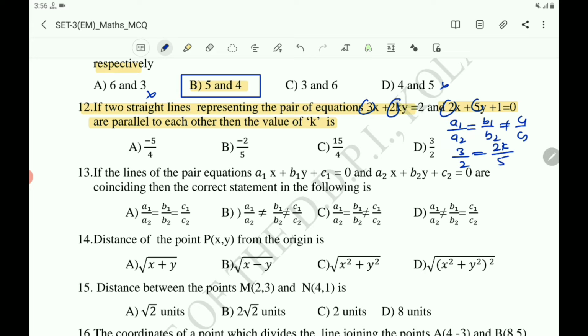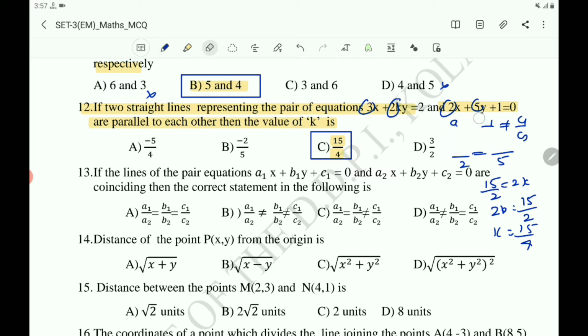Then 5 times 3 is 15, 15 by 2 equals 2k. Then 2k equals 15 by 2, so k equals 15 by 4. Option C is the answer. Here we must know the condition for parallel lines.